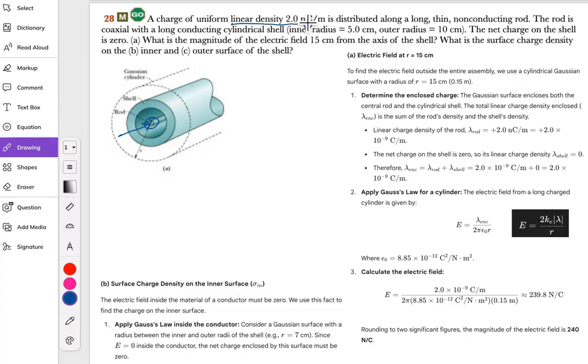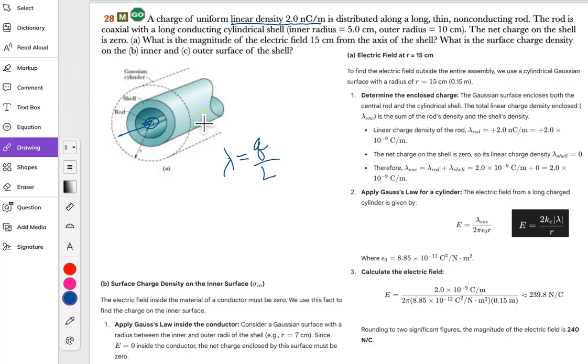And notice it's linear density, and linear density, remember, is equal to the charge divided by the length. So then they tell us the rod is coaxial, which means that its axis, or that arrow pointing towards it, is the same as the axis for the shell here.